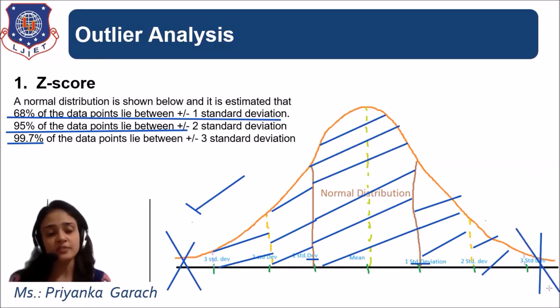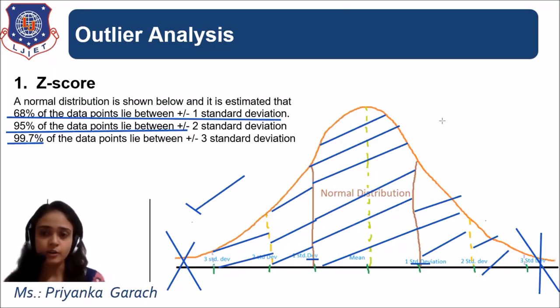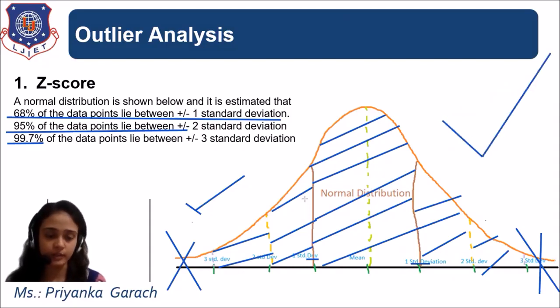Whichever data points are beyond the third standard deviation, I will call them my outliers, because the majority of the data points fall in the highlighted blue portion. Whatever data point is far from all three standard deviations will be considered an outlier because it is very far. Whether a point is far or near, you can calculate like this.